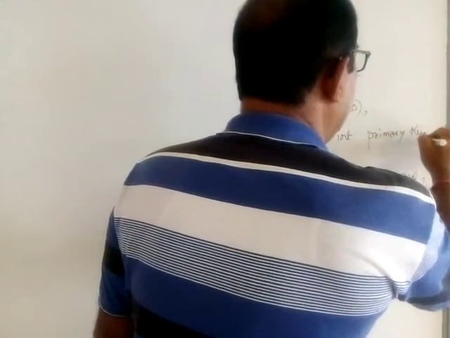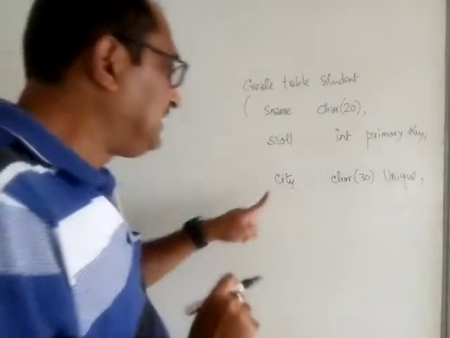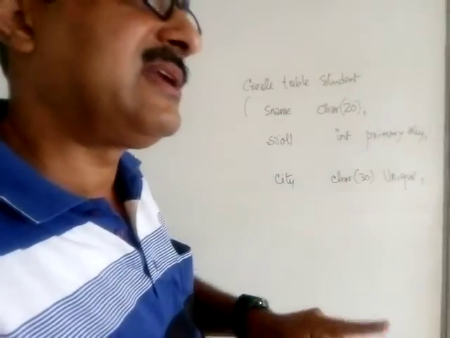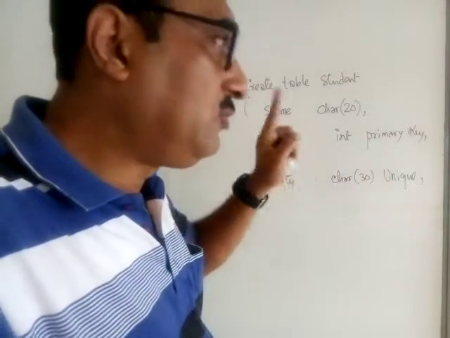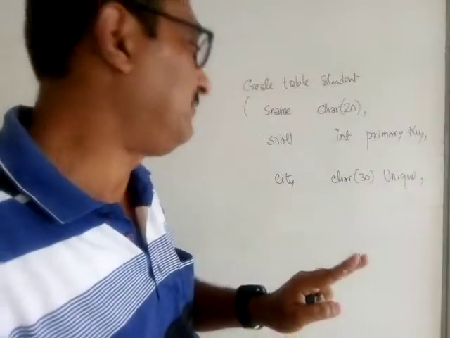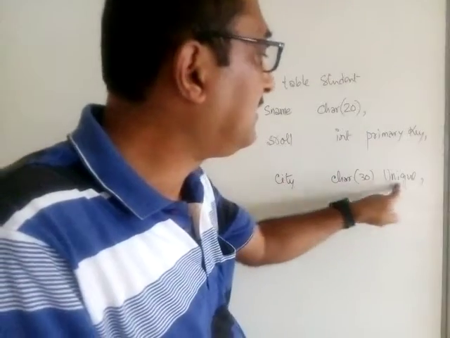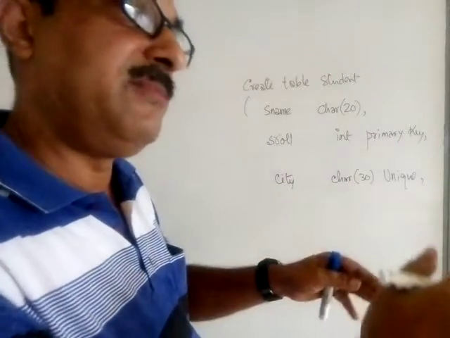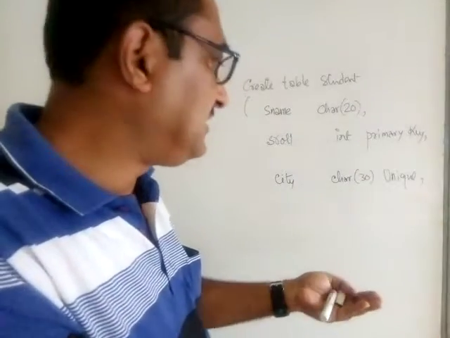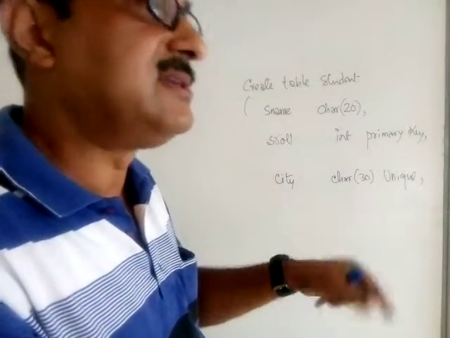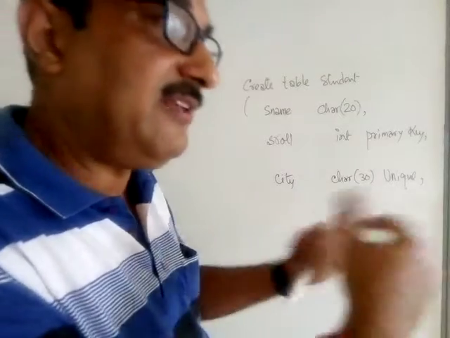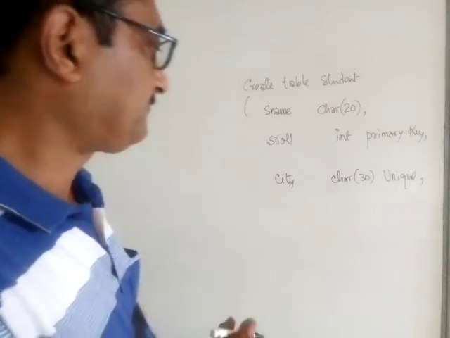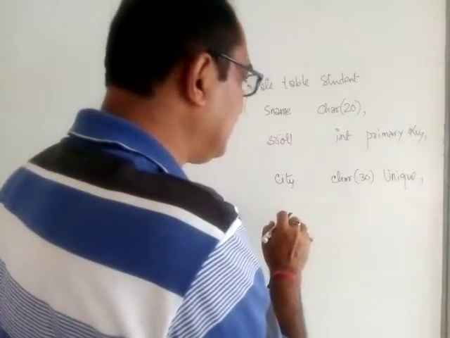So city is not a primary key, but I know that my students are coming from different cities. So in no two records should two city values be the same. So that is how I wrote city char unique. That means city should have unique values in all the records. If you make an attempt to insert a value in a city which is already present in one of the records, then the insert command will show an error. So this is one thing.